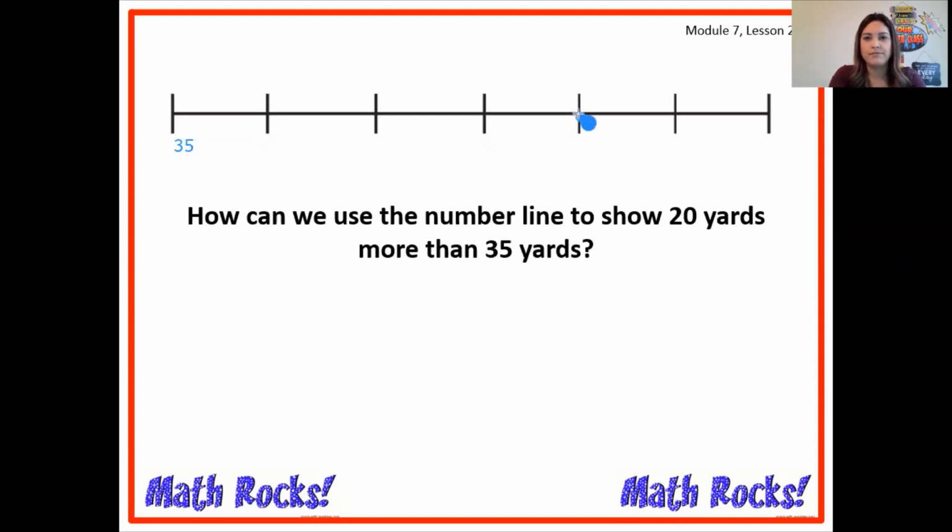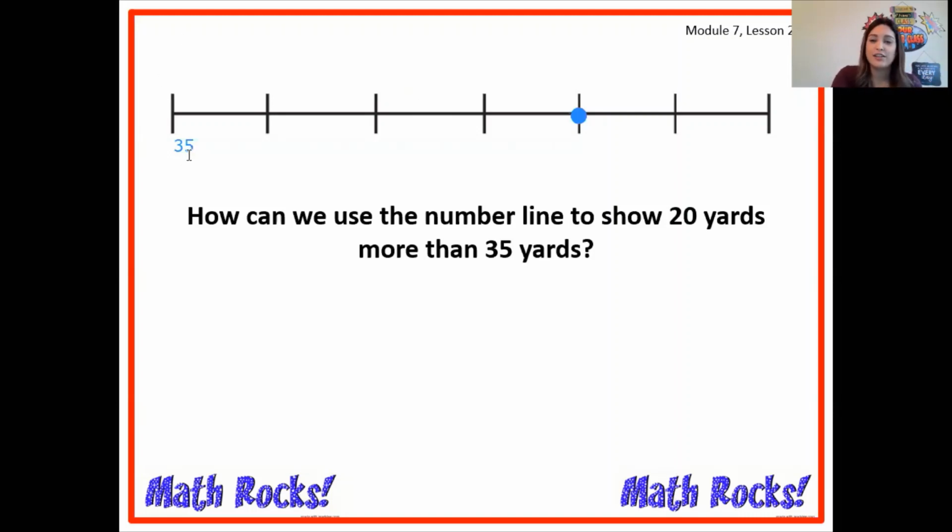Can I move it? Okay. That was horrible. How can we move this crazy little circle? So I'm going to draw a circle right there. Oh, that's better. Okay. So that's our end point. But now I need to figure out what number that is so I can figure the answer. So again, we counted by 5.